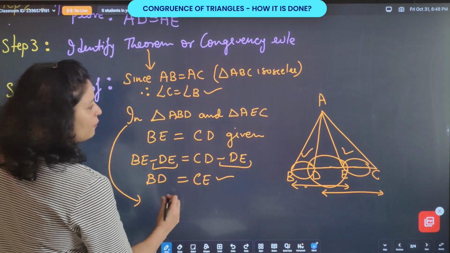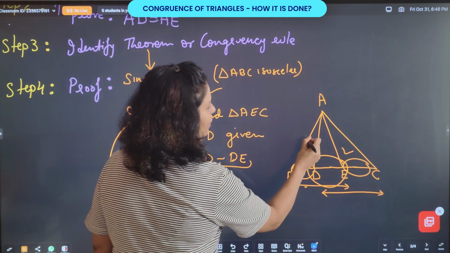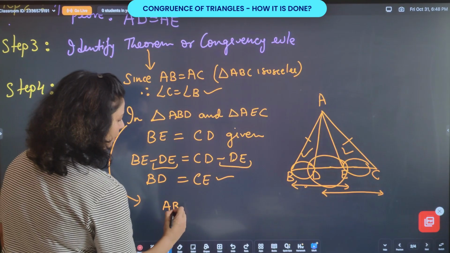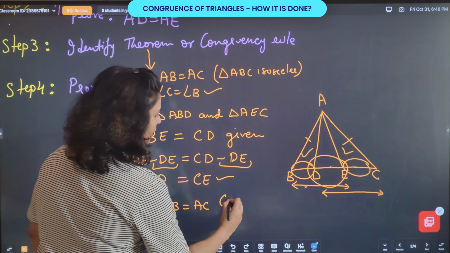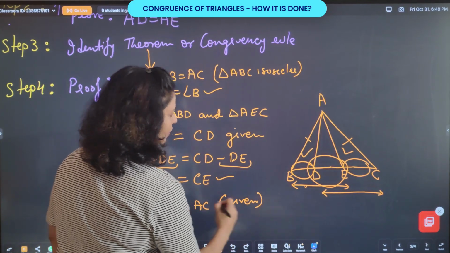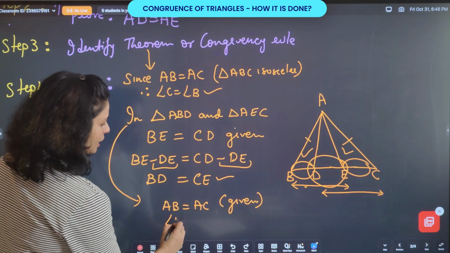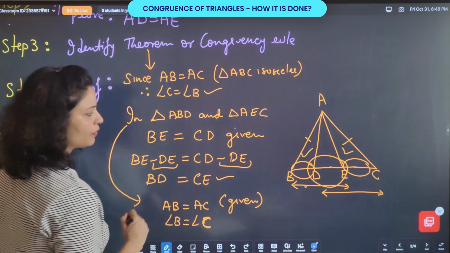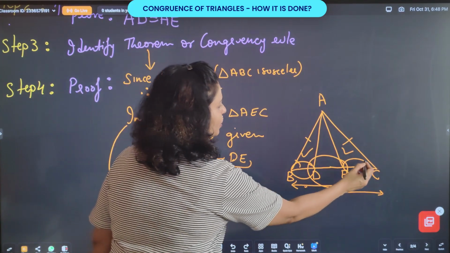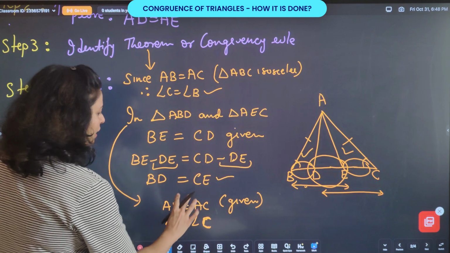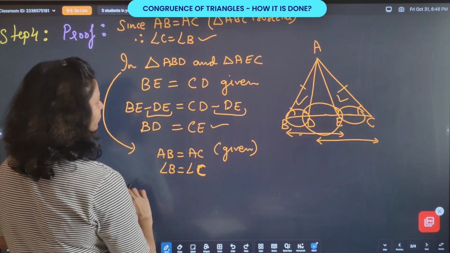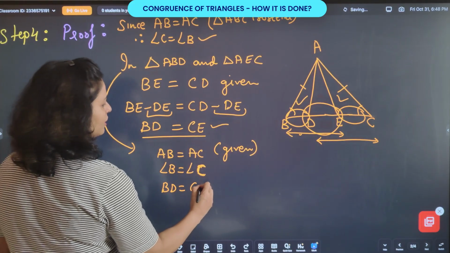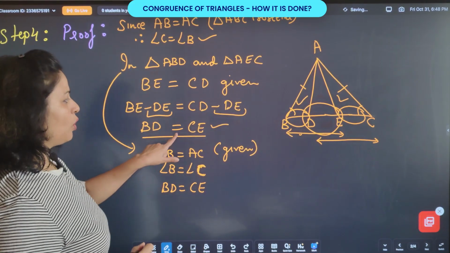Okay, so first, what have we been given? AB is equal to AC is given. So AB is equal to AC, it was given. All right, and after that we also proved angle B is equal to angle C, right? And the third thing, we can use BD is equal to CE, which we already proved.